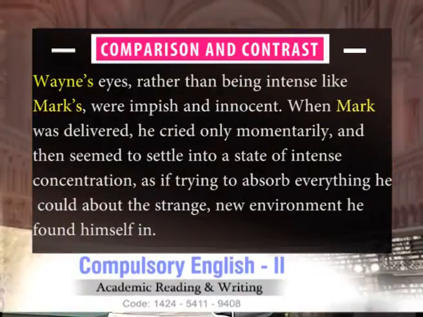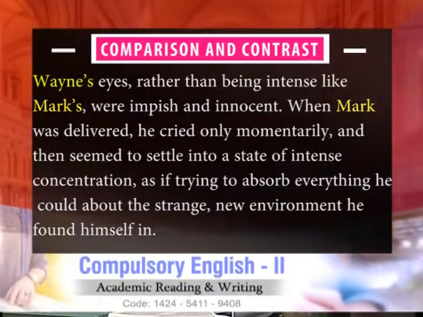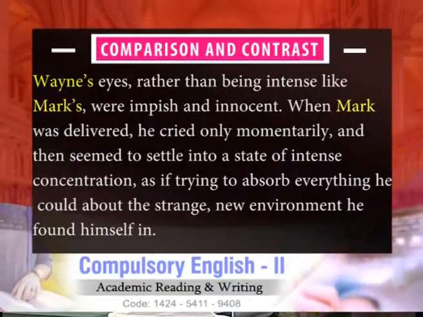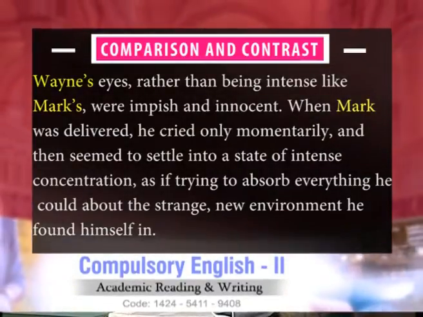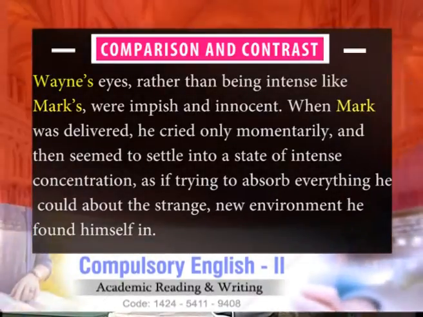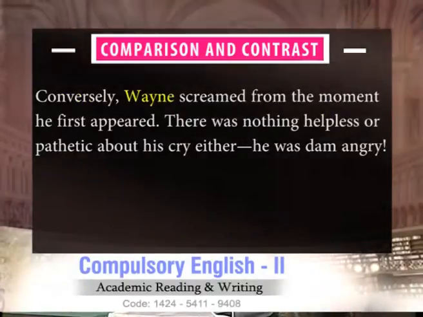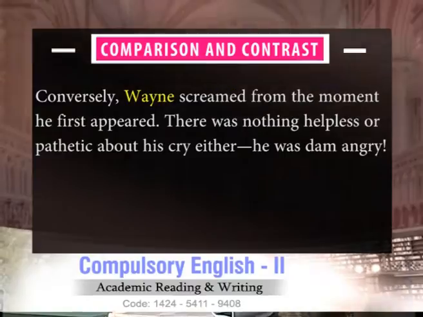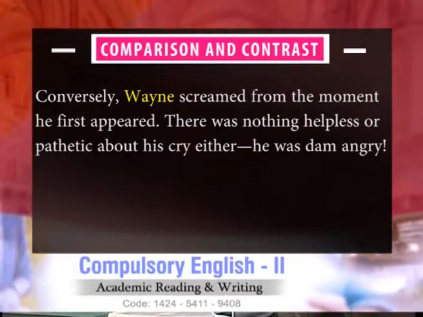When Mark was delivered, he cried only momentarily and then seemed to settle into a state of intense concentration, as if trying to absorb everything he could about the strange new environment he found himself in. Conversely, Wayne screamed from the moment he first appeared. There was nothing helpless or pathetic about his cry either.